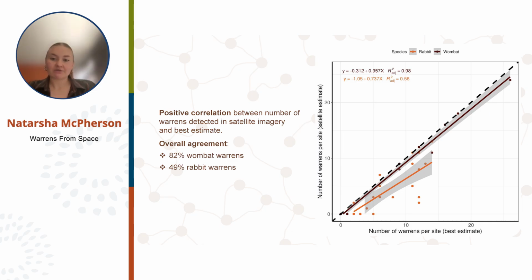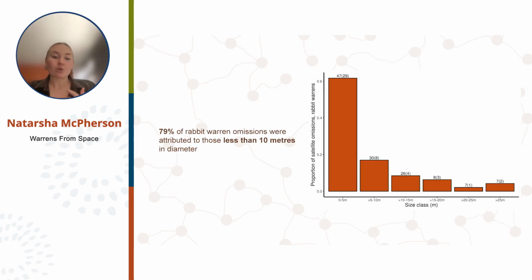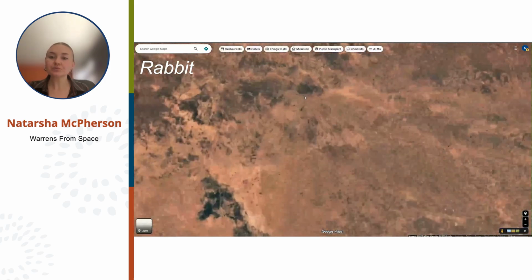Of those, 79% of the omissions for rabbit warrens were attributed to warrens that were less than around 5 or 10 meters in diameter. So we're quite confident in our capacity to detect larger warrens, but there is difficulty as they get smaller.